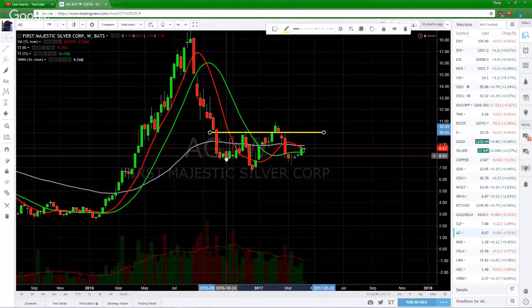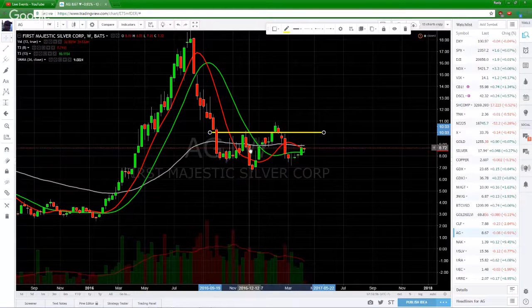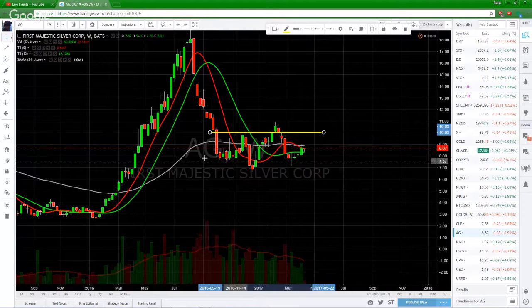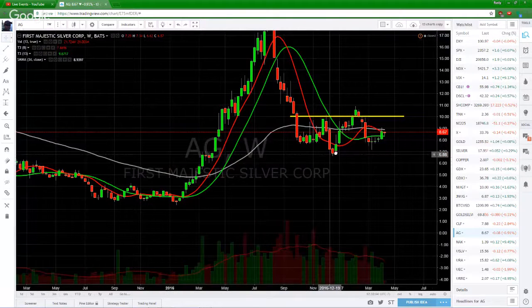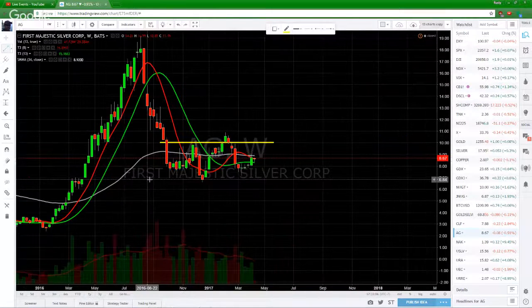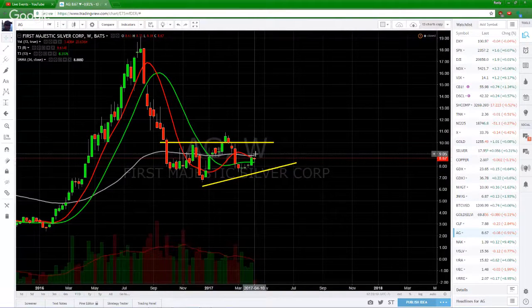Well, once it broke down, it went sideways along the support line, my trend. So it's been going sideways forever. Right now I got higher low and a flat top break. It's inside the range. Had a nice burst of energy into the next line of resistance.